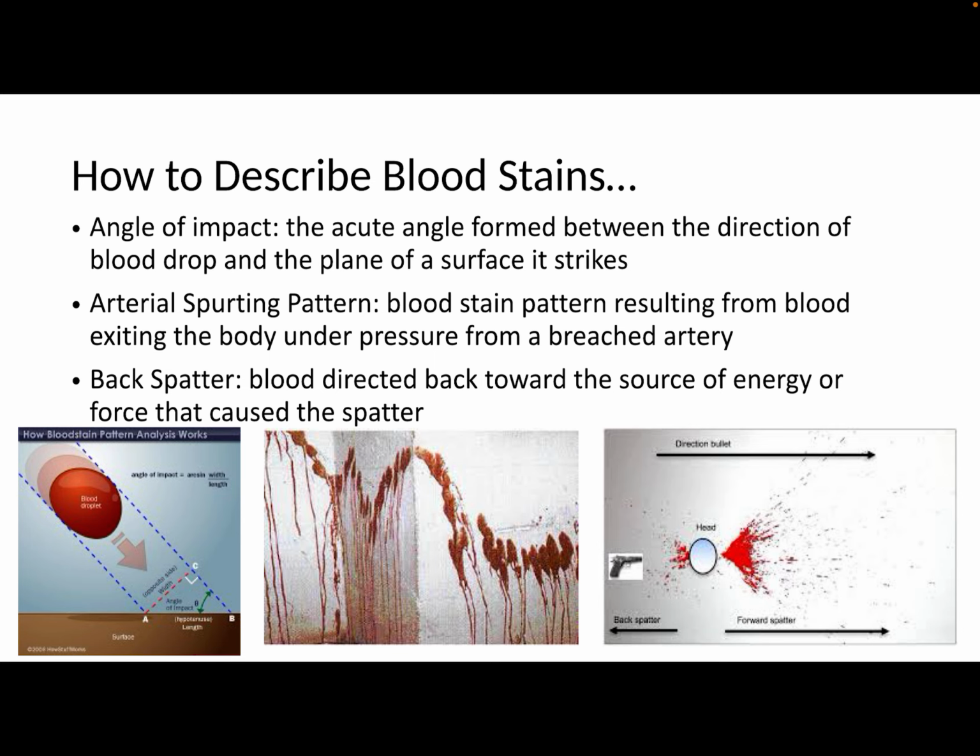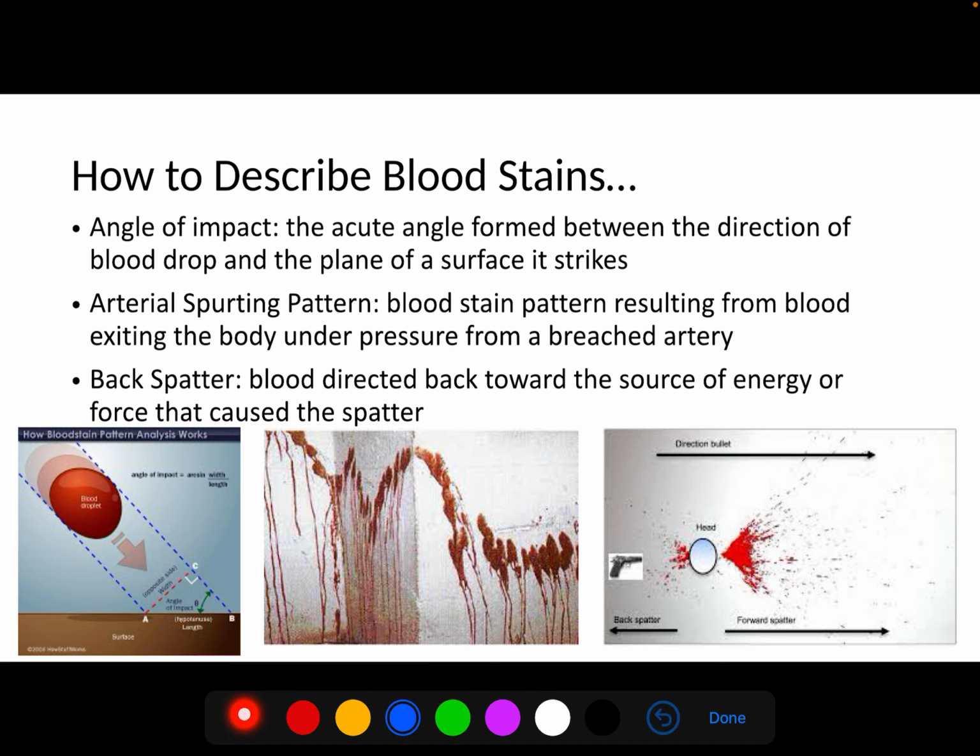Notice that there is blood right here that is going back towards the weapon or back towards our shooter. So this is one thing that they can tell, and this is why shooters often have traces of blood on them, depending on how close they were to the victim.